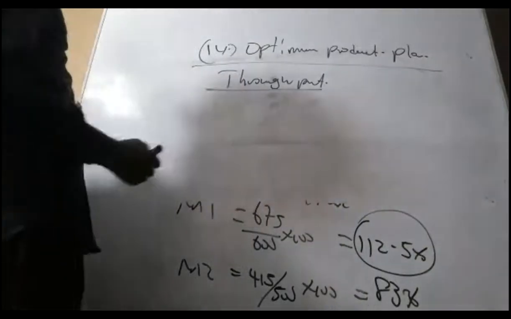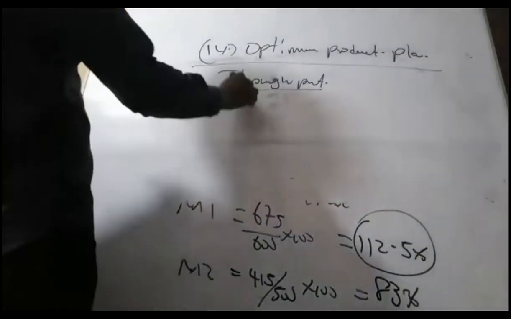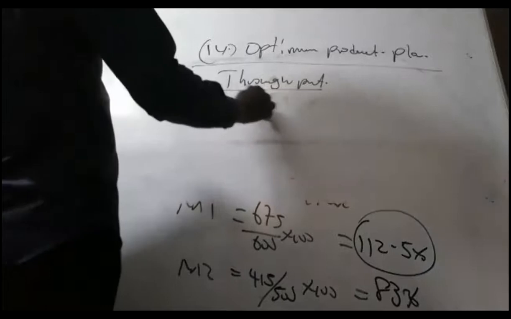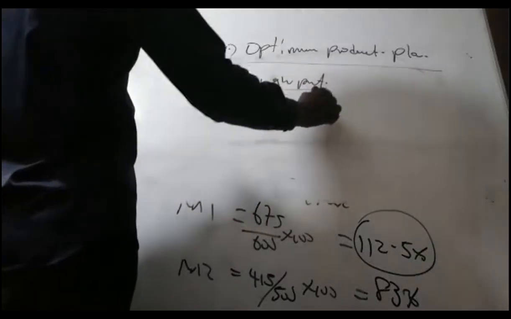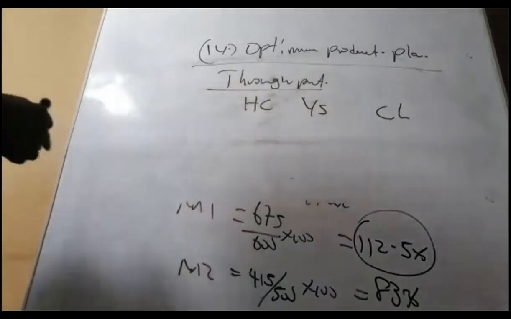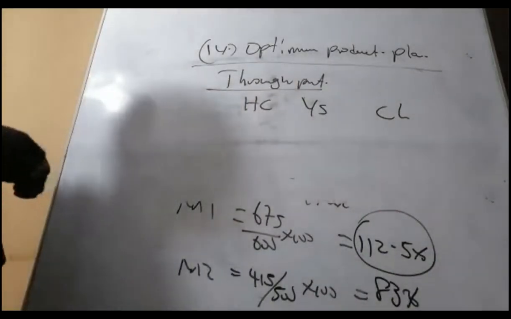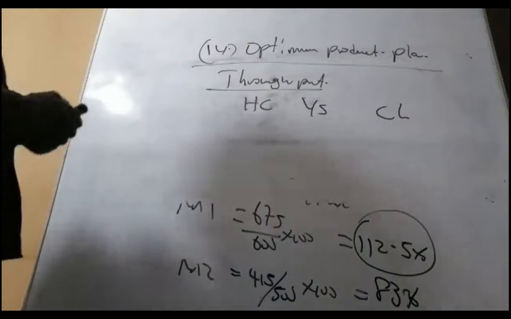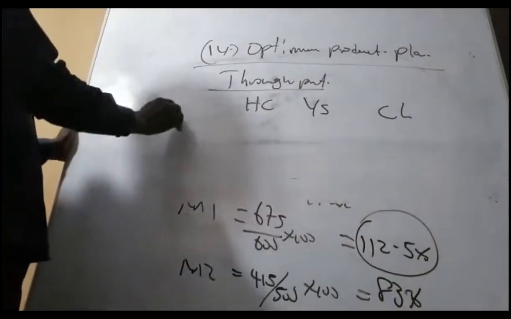So I see that the three products, what are they? HC, yogurt swallow, and CL. Throughput, I need my selling price.